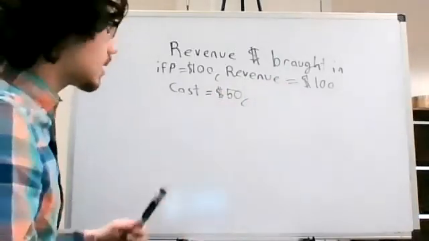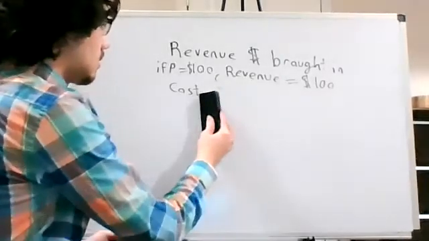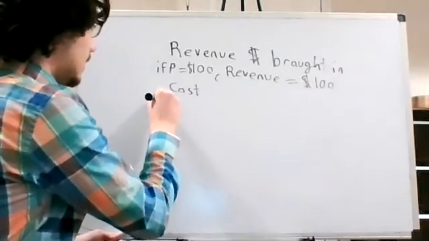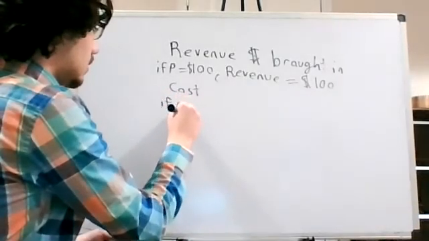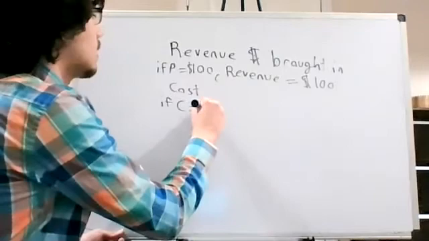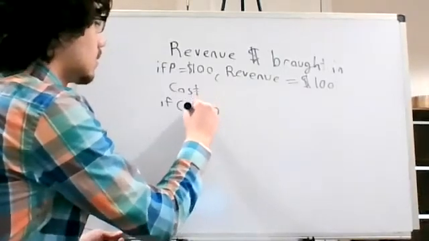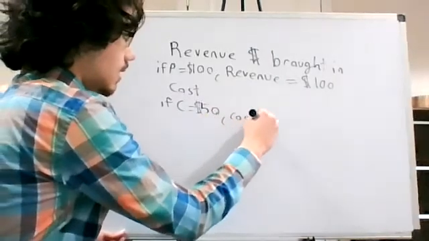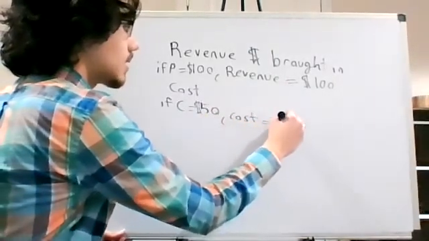So let's say cost is C. Cost equals $50.